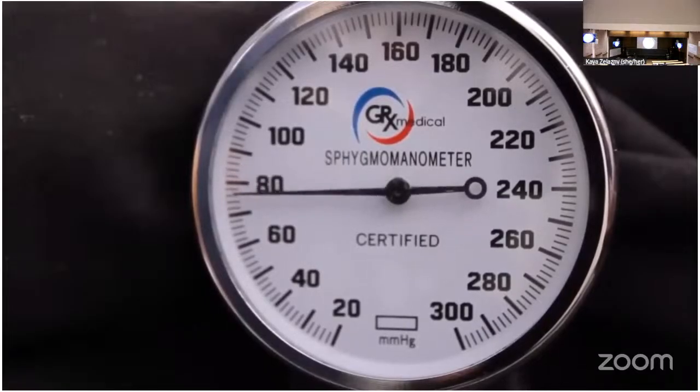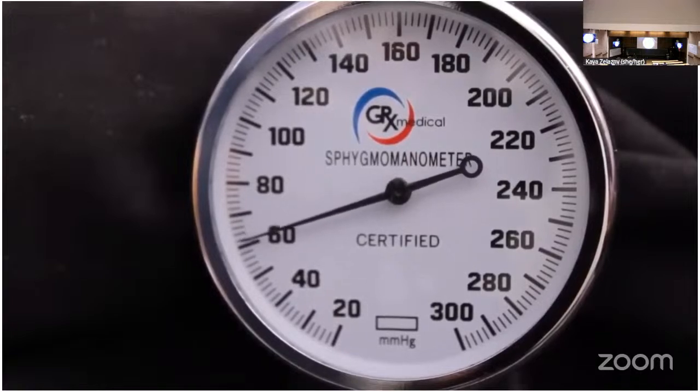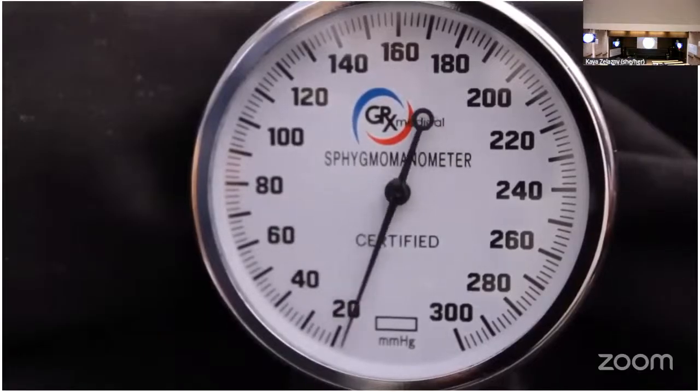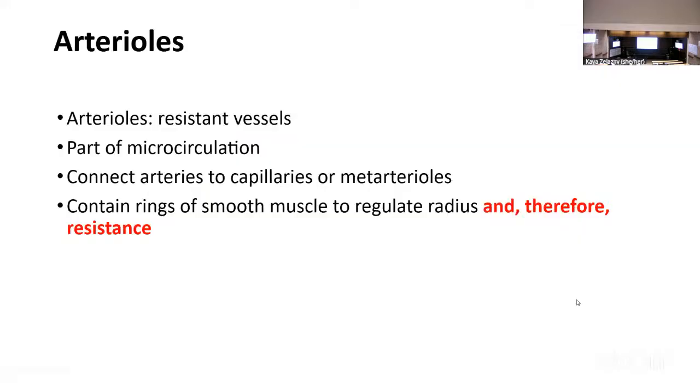You can see that jump starting along with the sound. Somewhere in the 90s for sure. And we're definitely gone by this. Okay. So that's the practical piece of our theoretical idea of these systolic and diastolic pressures.